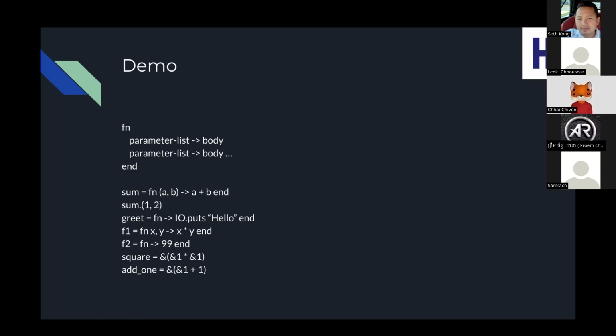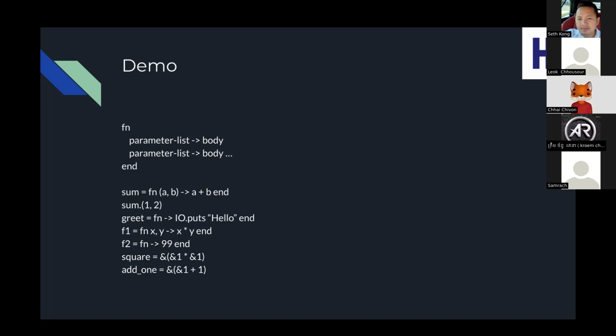When you do an &, it's a function, and you open parentheses, close parentheses. That's a function, and then you do &1, the first parameter, times the first parameter. If you do &1 and times &2, then the first parameter times the second parameter.